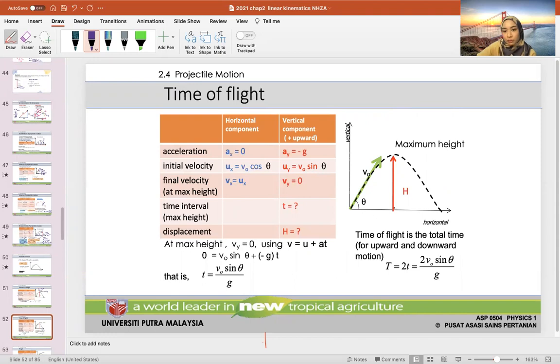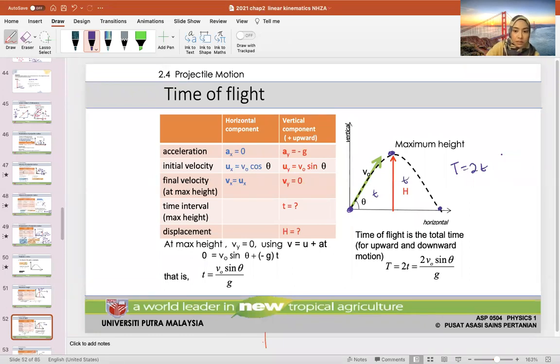And projectile motion is also symmetrical. Therefore, if the time taken from here to reach the maximum height is t, the time taken from the maximum height to the landing point is also t. Sama, the same like free fall. So T equals to 2t. Okay, so T is the whole duration.